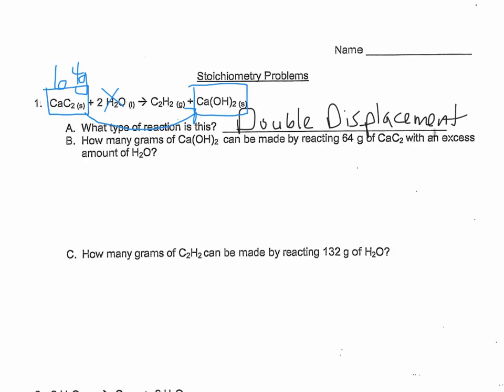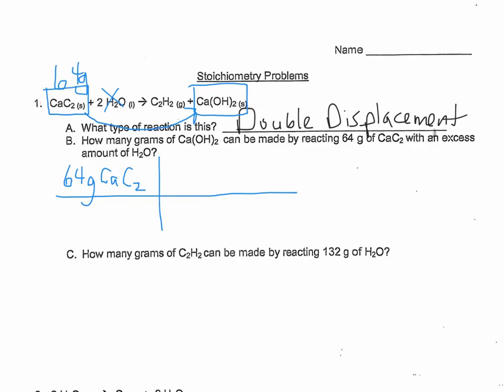So when we do a stoichiometry problem, we always write down what the problem gives us to start. So this problem is telling us that we're starting with 64 grams and then put a label on it, CaC2. Sorry, my handwriting's not that great on an iPad. Then I'm going to make a T-chart. You should be able to, at this point, change that from grams to moles.